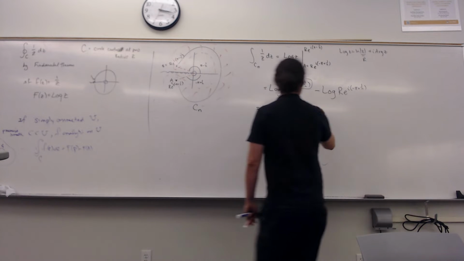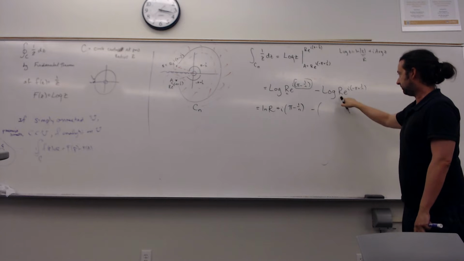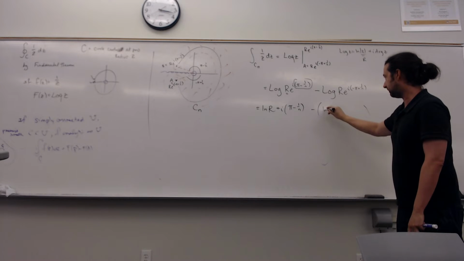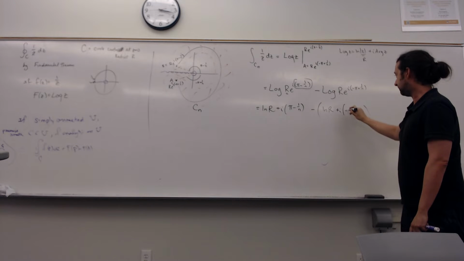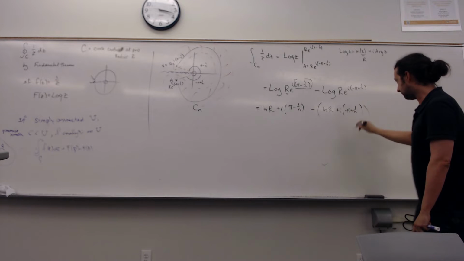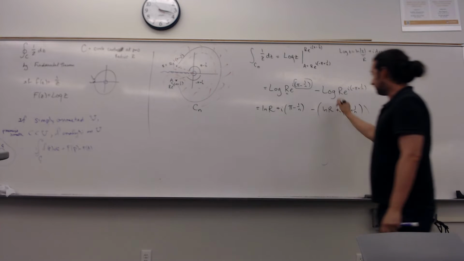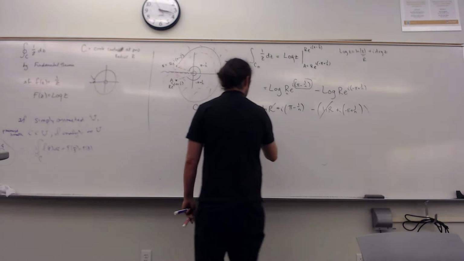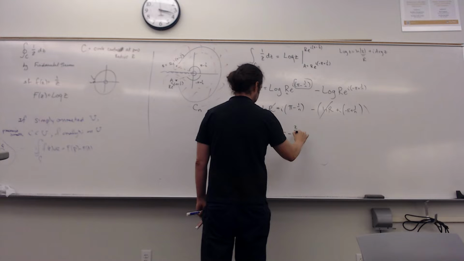And likewise, the log of this number is the natural log of its radius plus i times its argument, so minus pi plus 1 over n, just by the definition of the complex log. And it's not hard to see that these cancel. And this turns into i times (2 pi minus 2 over n).